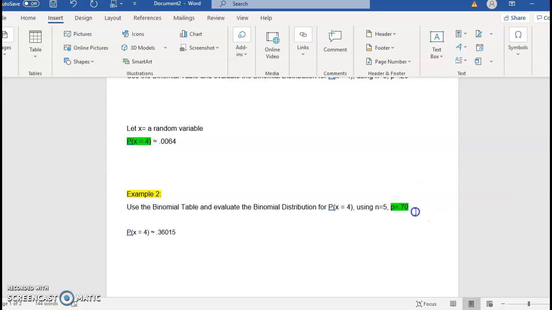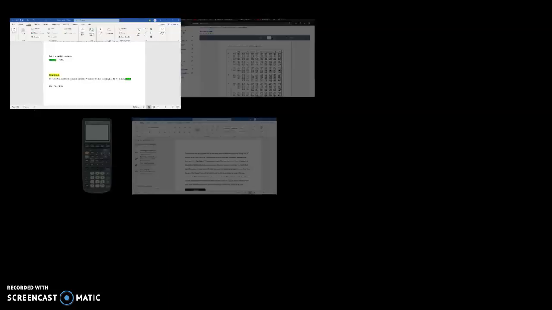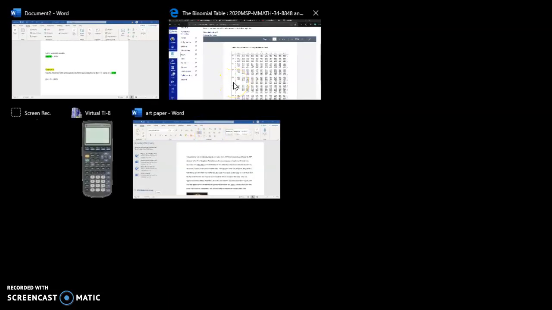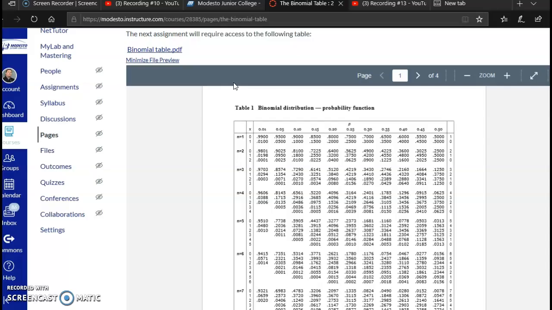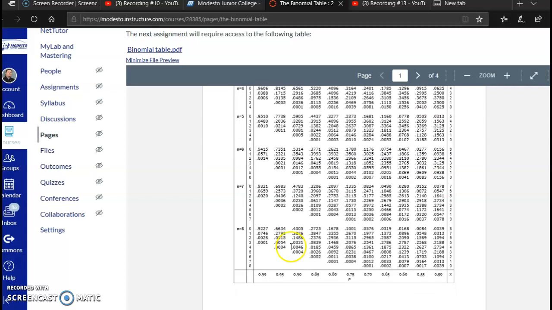If you modify it to 0.70, then in this case, you still have n equal to 5, x equal to 4, but 0.70 is at the bottom. So 0.70 happens to be here. Therefore, your x equal to 4 is obtained from here. So in this case, at 0.70, you're going to be looking at this value here.